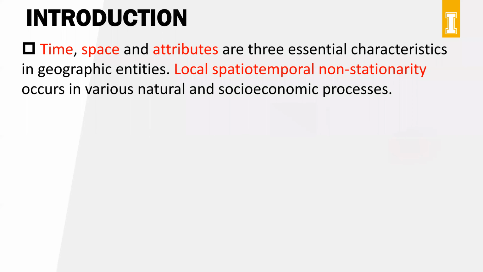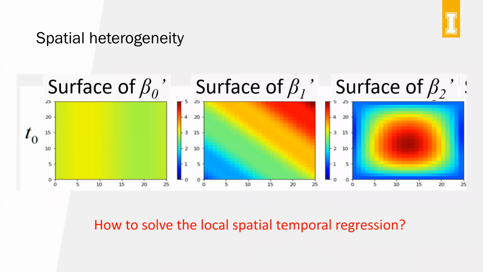As this figure shows, say the house price is affected by two variables. Associated with the two variables, there are three coefficients: beta 0, which is the constant, and beta 1 and beta 2.